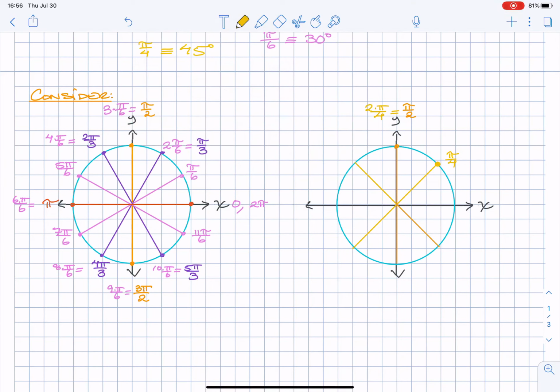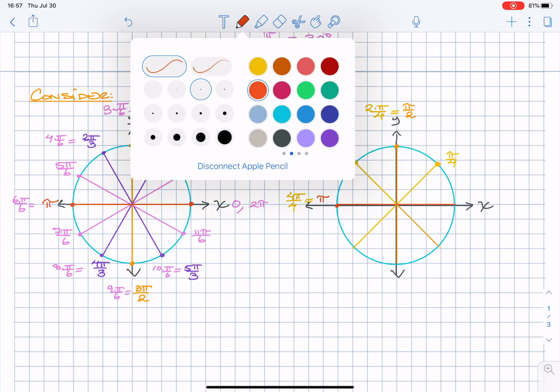Now let's keep on counting. This is 3 pi over 4. If I have 3 45s, that does not reduce. Then next I have 4 pi over 4. Well, of course, 4 pi over 4, the 4's reduce, and I'm left with pi, as I should be, because that's 180. Okay, let's keep on counting up.